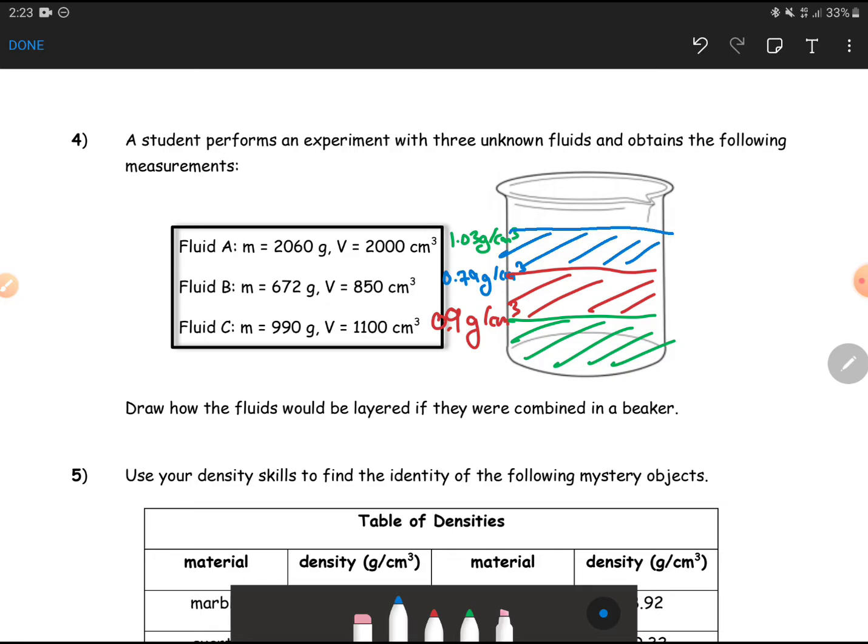So this is your answers. I hope that makes sense to you. So this will be fluid A, this will be fluid C, and this will be fluid B. Just to draw the connections, this is A, this is B, and this is C. All right, moving on.